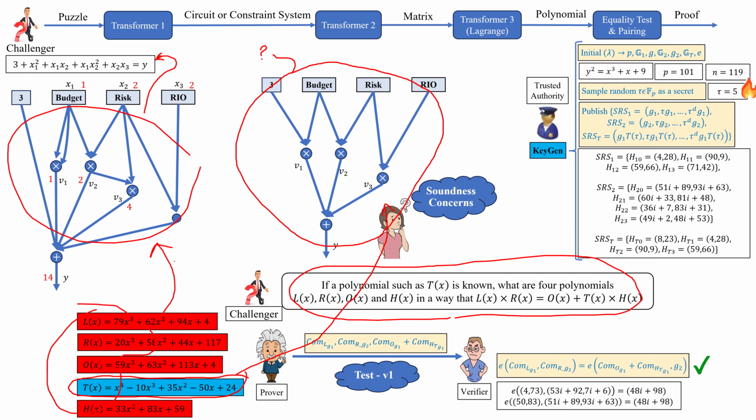And these four polynomials that I have are actually the polynomials given by following the circuit and knowing the original input of the circuit. So this is the soundness concern. So now we want to make the protocol better to answer this concern.